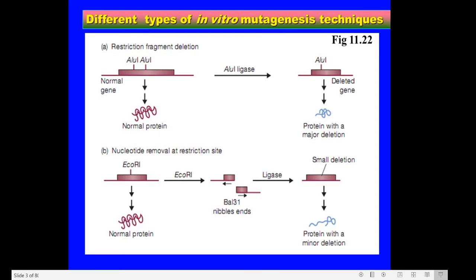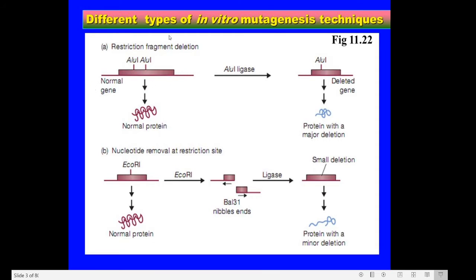Okay, in the first type, the restriction fragment site, each and every gene has different ends in the different restriction fragments. In the first explanation, they explained with the band.